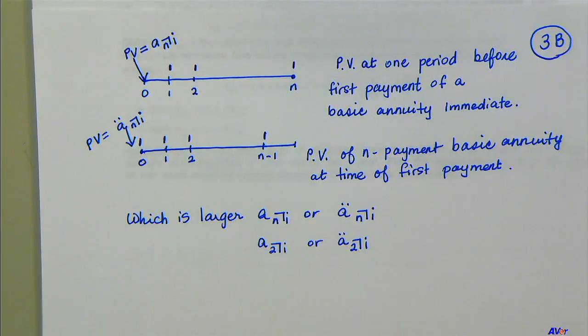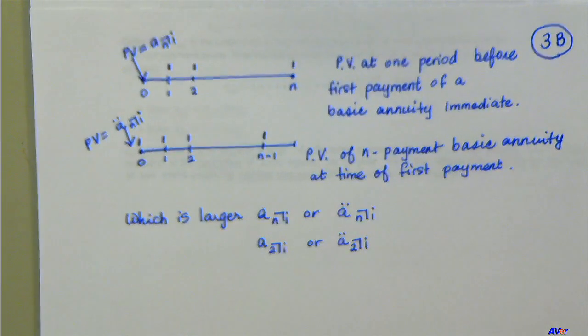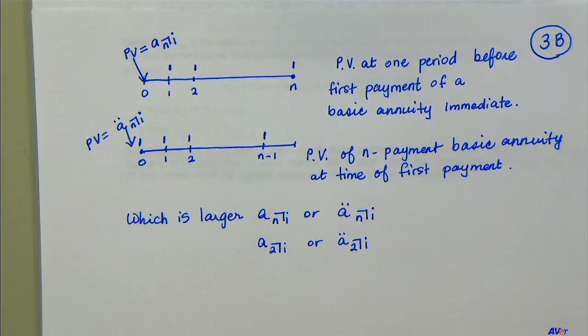Would A angle I without that be larger because they could be gaining more interest over the lender? Who gets paid earlier? Money paid earlier is always worth more, right? So A double dot angle n I is the present value of a stream of n payments of 1.